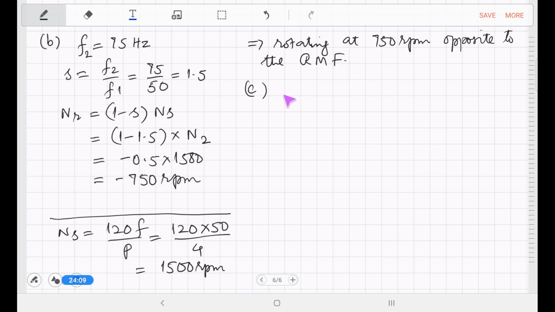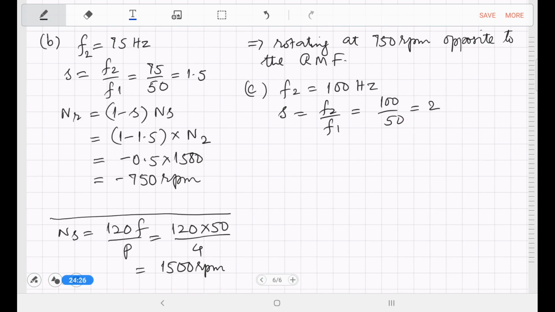Then part C of this problem, the frequency has to be 100 Hertz. F2 now has to be 100 Hertz. It has to be done in a similar way. We can calculate S will be equal to F2 upon F1, which will be 100 by 50, which is equal to 2.